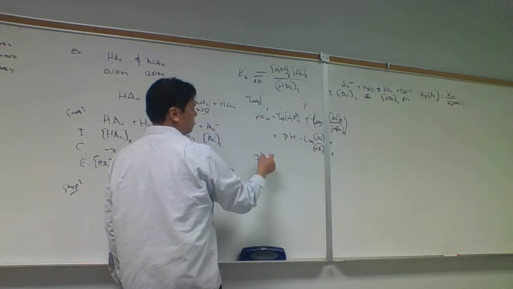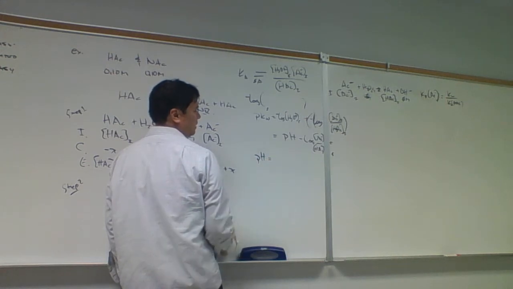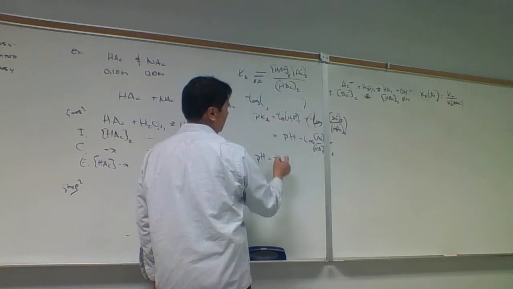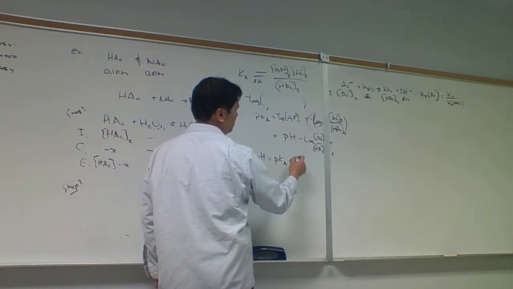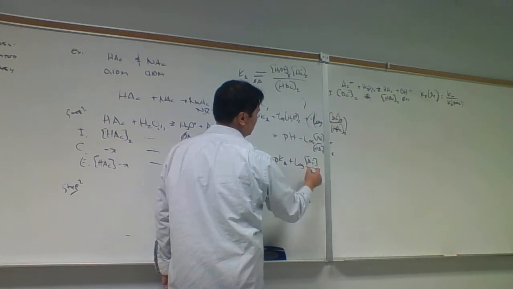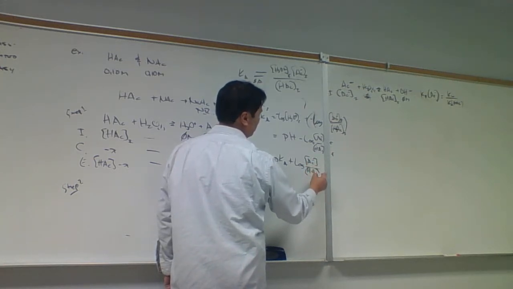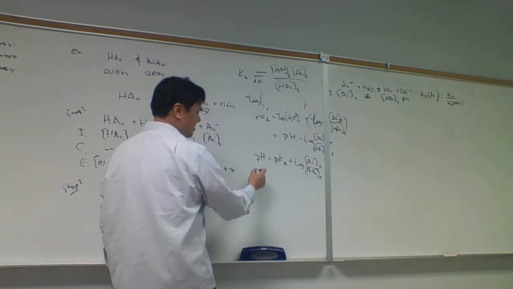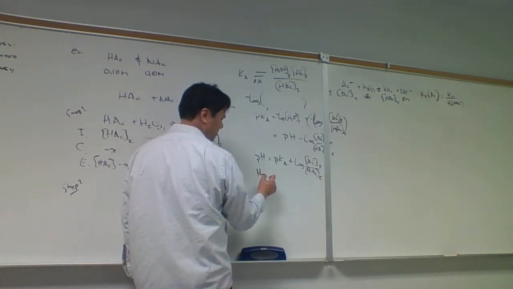And then I'm going to solve this for pH. pH is equal to the pKa plus the log of the acetate to HAC initial. This is called the Henderson-Hasselbalch equation.